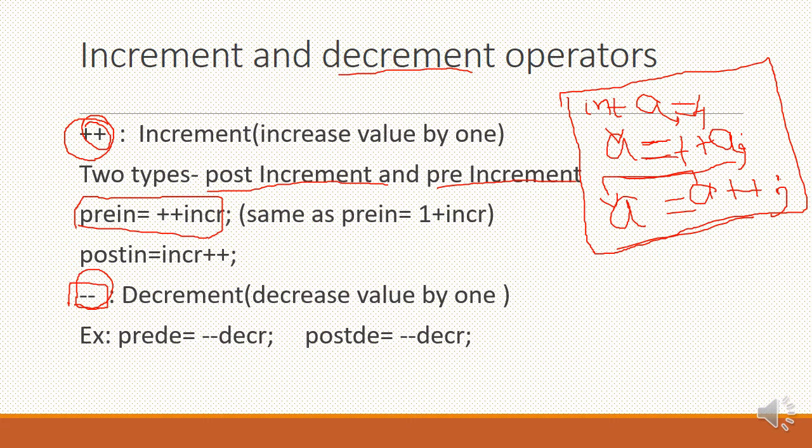The same thing applies to decrement also. If I write a = --a, it is called a pre-decrement. If I write a = a++, this is called a post-increment.